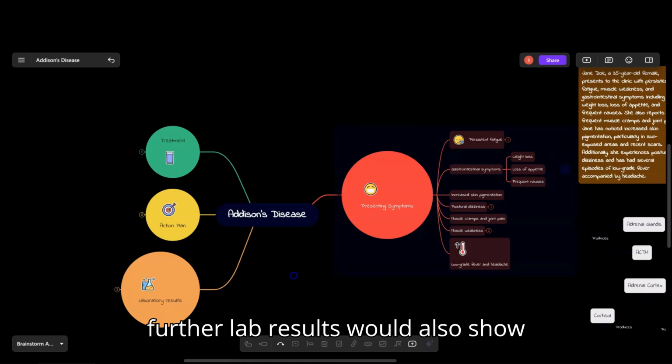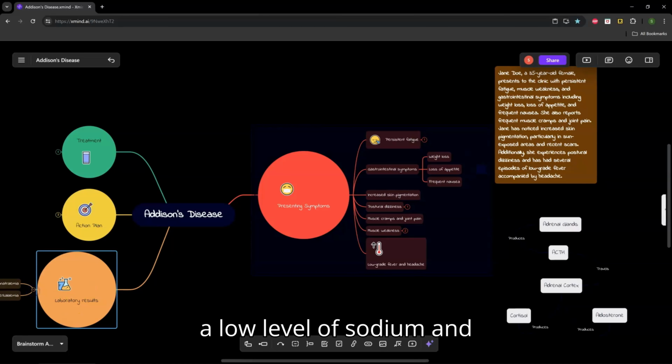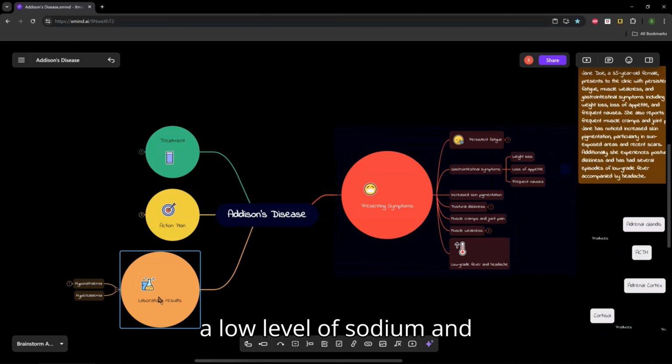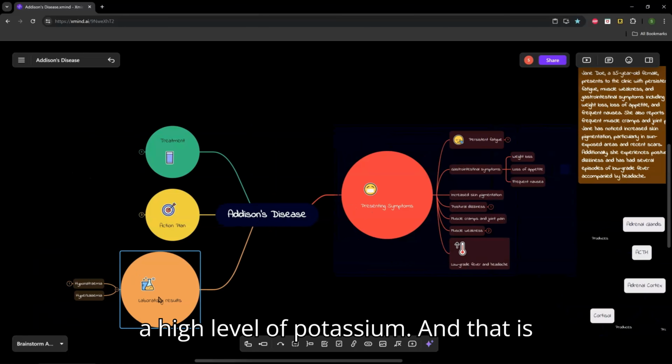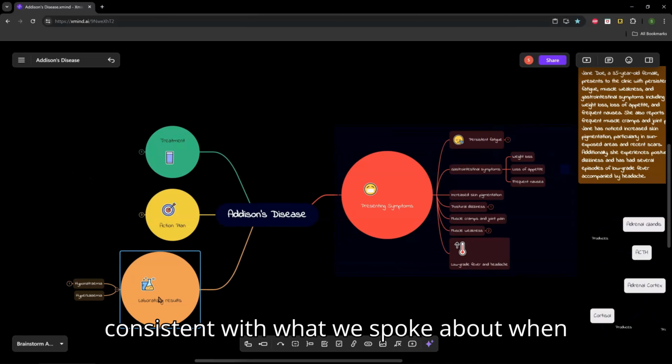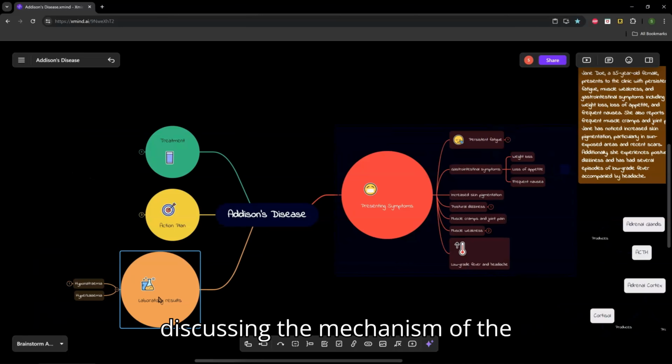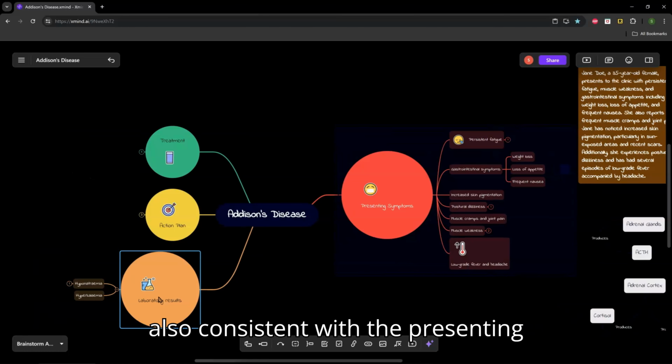Further lab results would also show a low level of sodium and a high level of potassium, and that is consistent with what we spoke about when discussing the mechanism of the adrenal glands. And that is also consistent with the presenting symptoms.